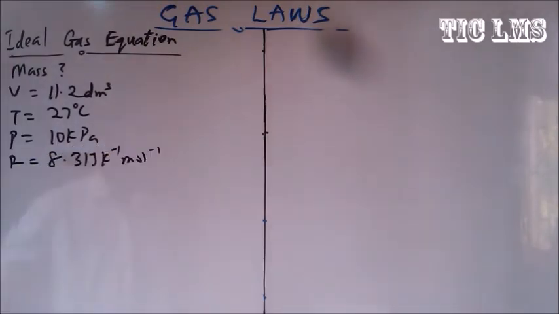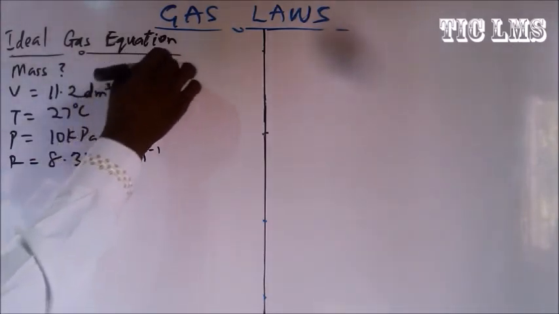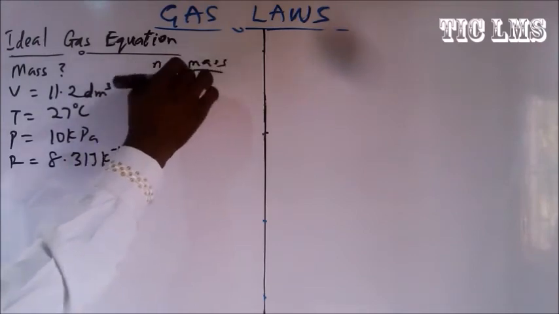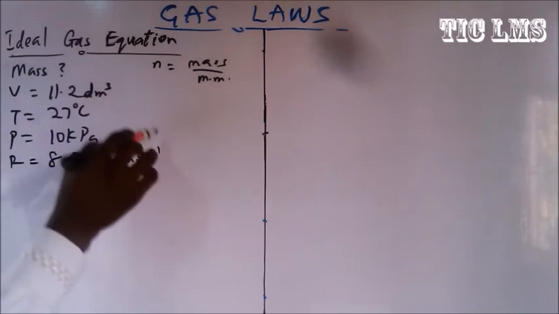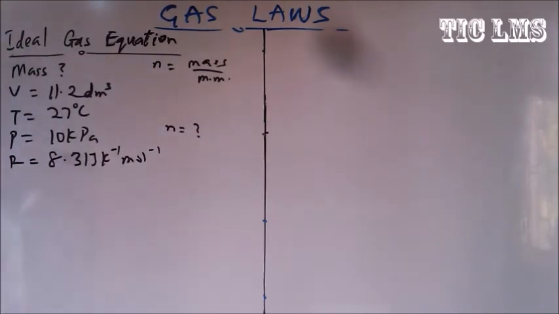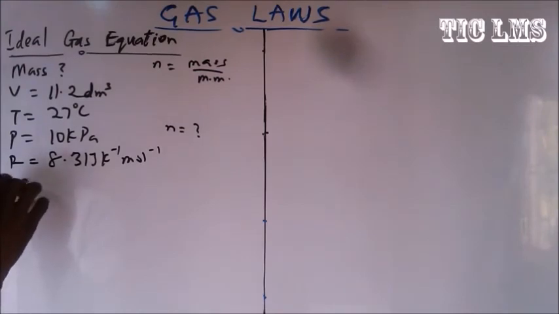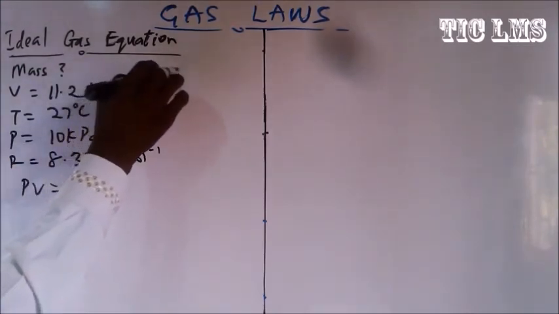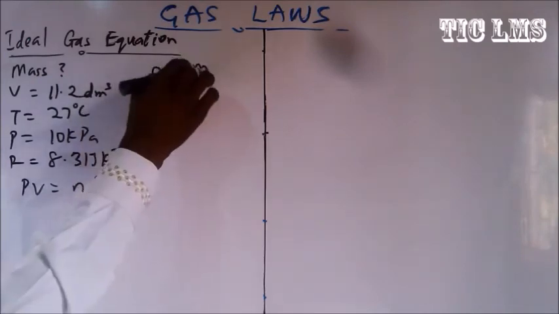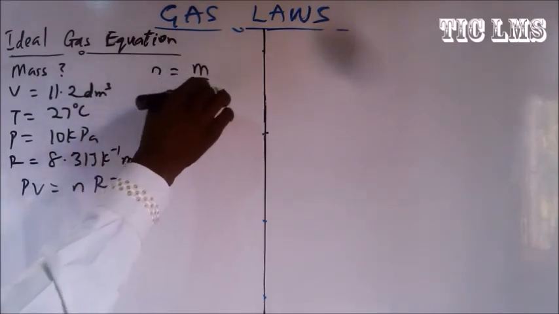Now in this question, we have to find the mass, but the mass is gotten from where we have number of moles equals mass over molar mass. So first, let's get the number of moles, and when we get the number of moles, from there we'll get our mass. And so we have that PV equal to nRT. Let's take note that we can have number of moles equal to mass over molar mass.